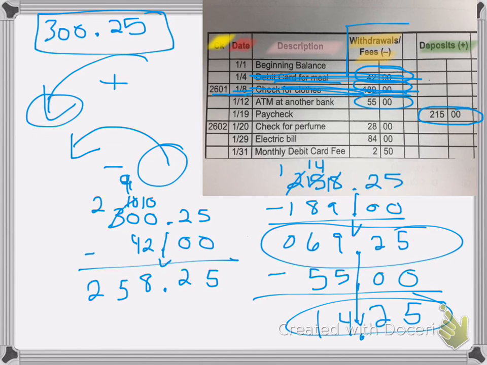Remember, deposit is to add. In the end, you would fill in your check register, and after you do it all, you would end up at $114.75 as my ending balance, or what I have at the very end.